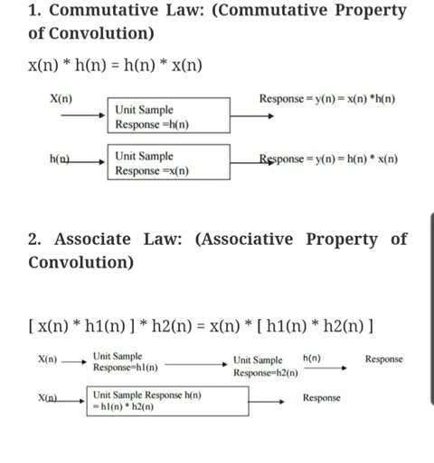Here x(n) is given as an input to the unit sample response h1(n), then it is given to the unit sample response h2(n), and then we get the final output, where the overall unit sample response h(n) is equal to h1(n) convolution h2(n).